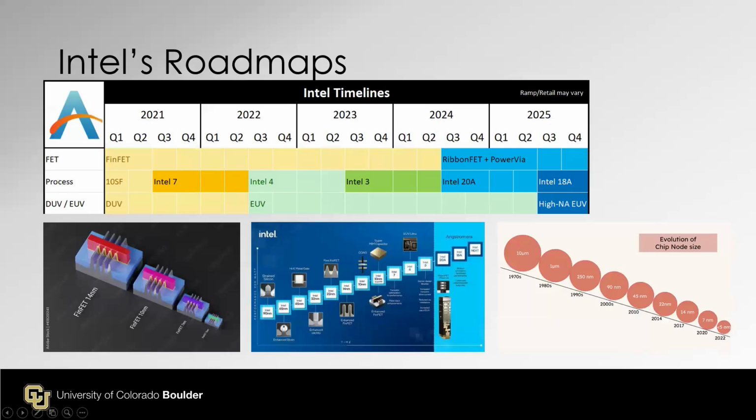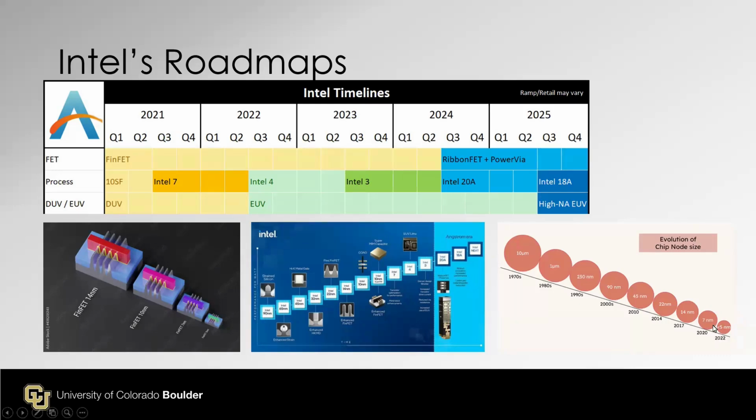So we are at 2024, Q1, Q2. So Intel 3, that's the process. And we are in the extreme UV technology, that's exposure technology. So this one, yes, they are making 2022.